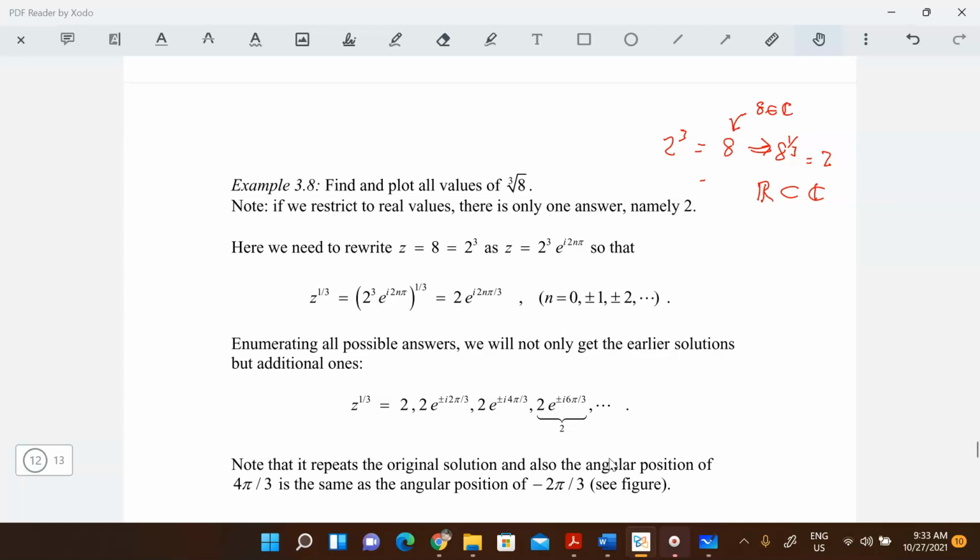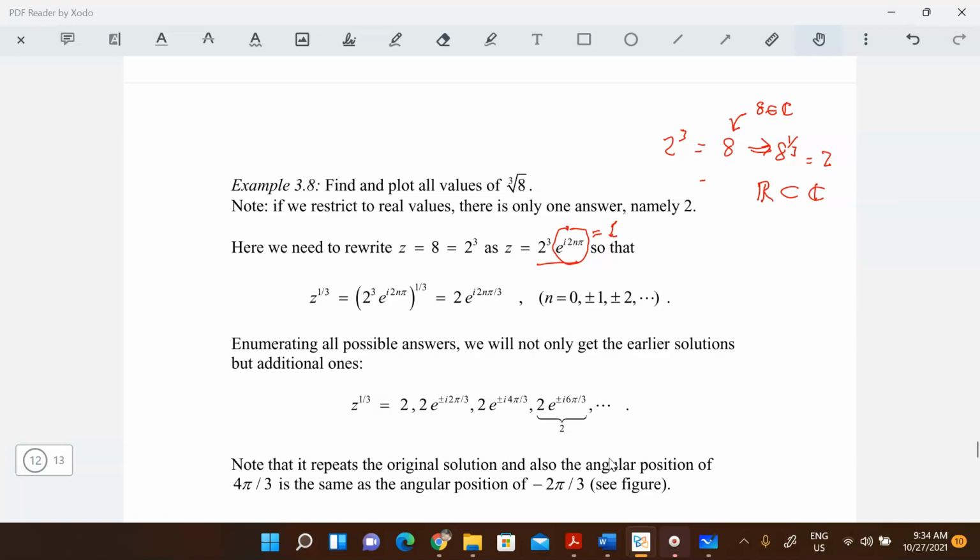Okay, 8 equals 2 cubed, right? But I can always multiply by 1. Exponential i 2n pi, even integer multiples of pi, is always equal to 1, so it doesn't change anything, but it does add this phase.